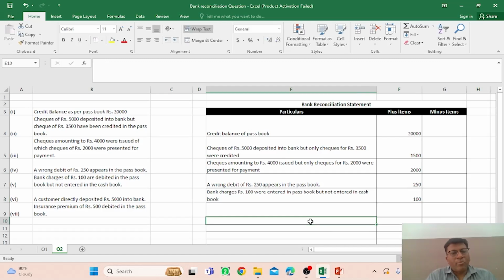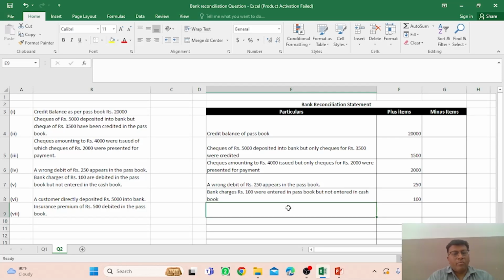A customer directly deposited rupees 5,000 into bank. So what is the impact of this transaction? The bank balance was increased, but there is no information with the organization, right? So there is a lesser balance.